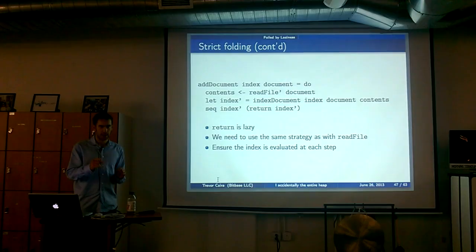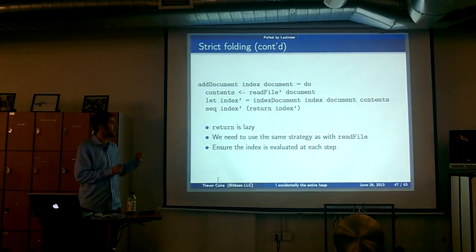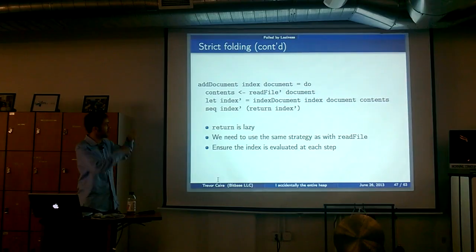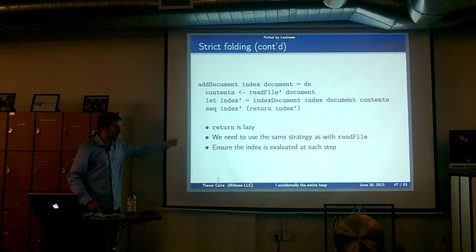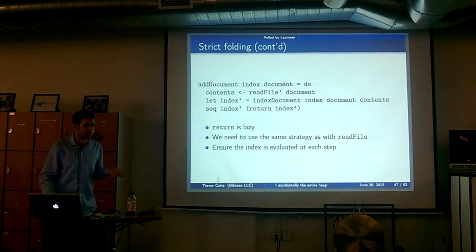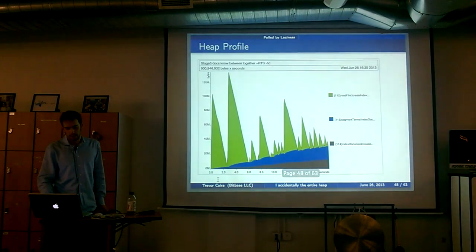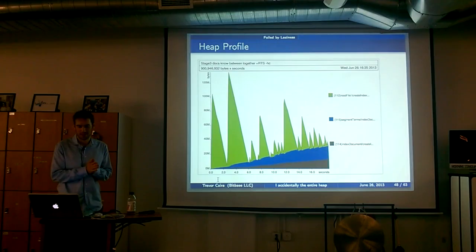When we get to the fold, it will force the return, or it will force this add document, which evaluates the index, and then it can finally pass it to return and accumulate that way. All right, that's much better.